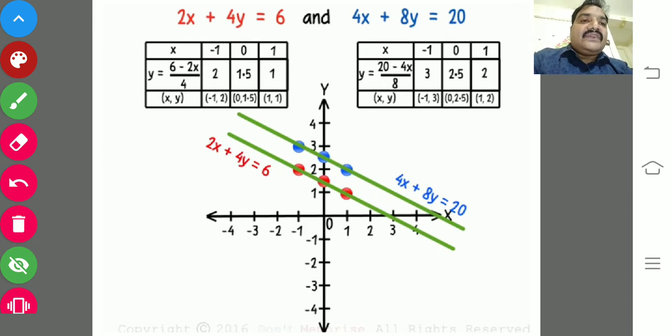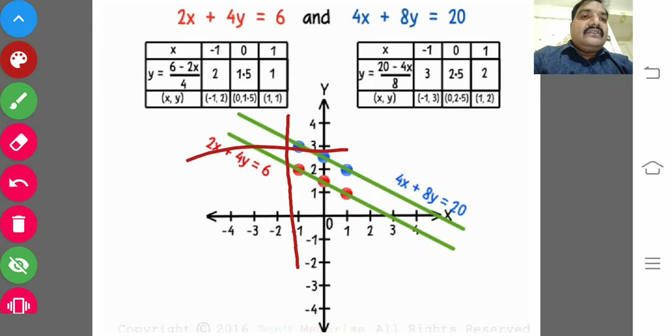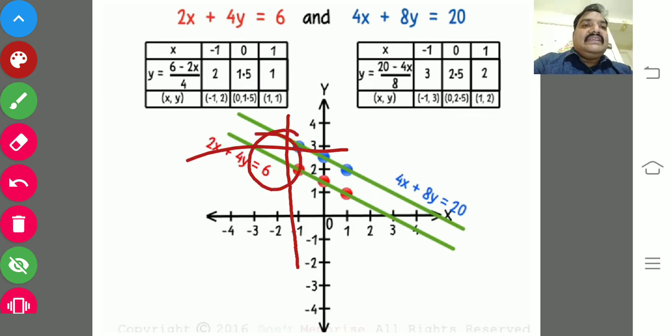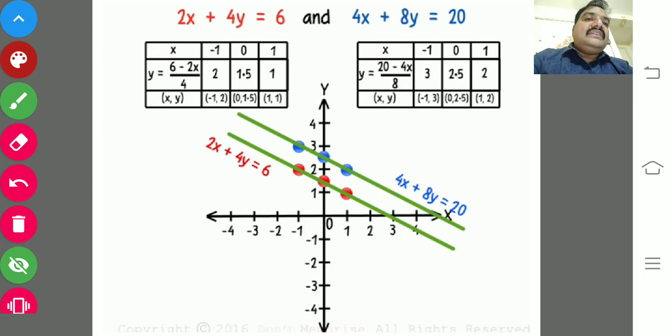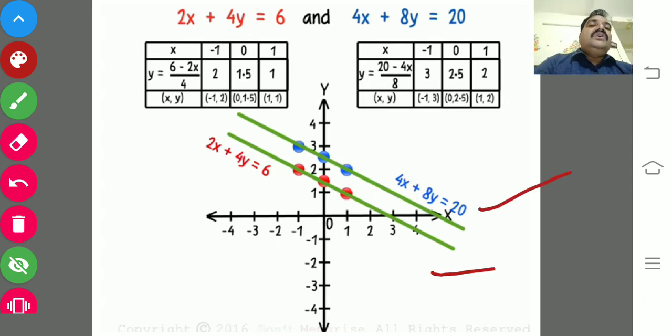On the x-axis where is minus 1? Here. On the y-axis where is 3? Here. So this is one more point. After plotting the 3 points on a graph, simply draw the line. So this is one line and this is another line. This line is called the 2x plus 4y equal to 6 line, and this is the 4x plus 8y equal to 20 line.